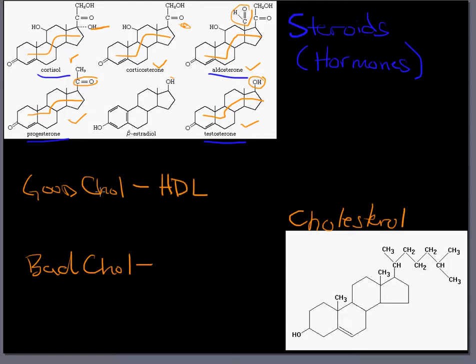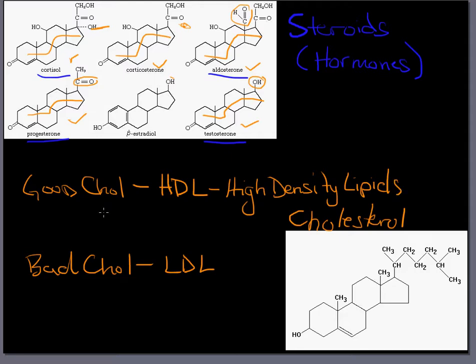And then you have bad cholesterol, which is given to you pictorially as LDL and the little devil. HDL, those letters stand for high density lipids. And LDL stands for low density lipid.